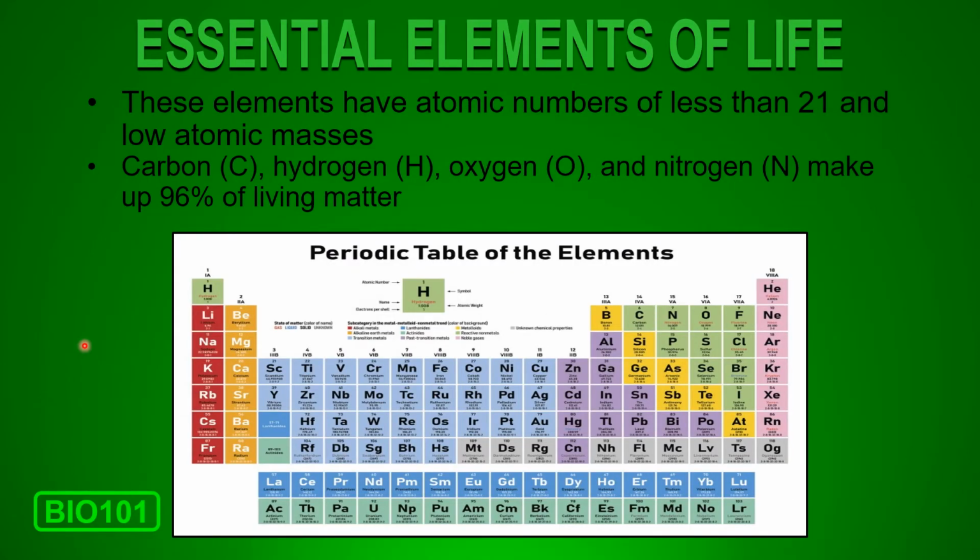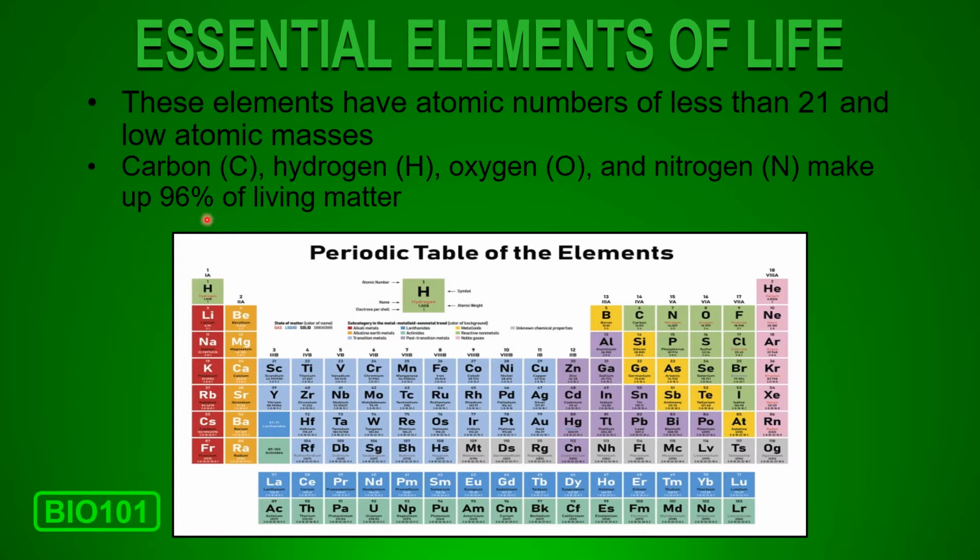Okay, so the essential elements of life, these are things that we run into in biological systems and organic systems predominantly. There are other things that come and go, but you're always going to see these essential elements. Essential elements have atomic numbers less than 21, and they have very low atomic masses.